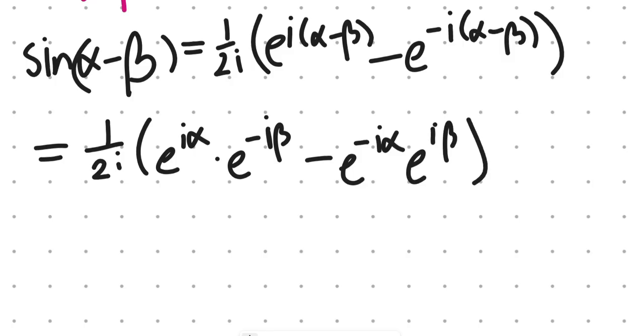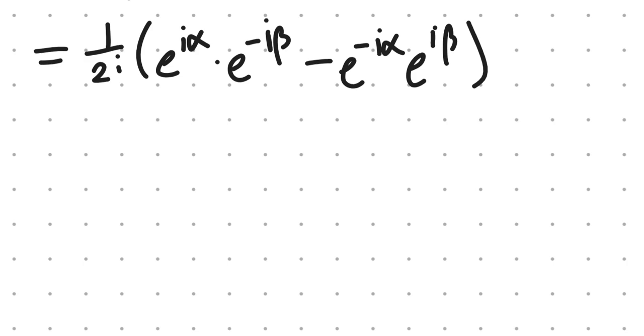And now we can use Euler's formula. So e to the I alpha will be cosine alpha plus I sine alpha, and e to the I beta will be cosine beta plus I sine beta, and e to the negative I beta and e to the negative I alpha are just conjugates of the complex numbers, which means we negate the y values, so we have a minus in front of the I alphas and the I betas.